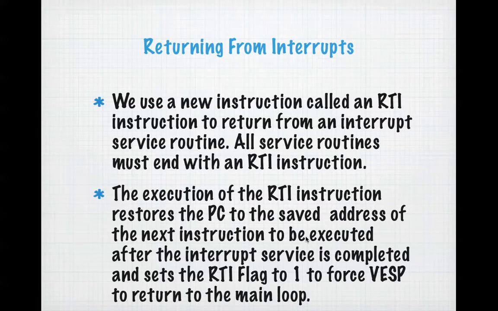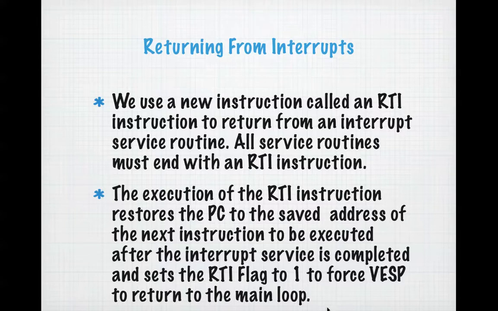With those 2 things happening, VESP knows that it first of all has to end the routine, and second of all, it knows where to go back to, because the RTI instruction does make a recording of the instruction that we had left behind as we entered the execution of this particular routine.